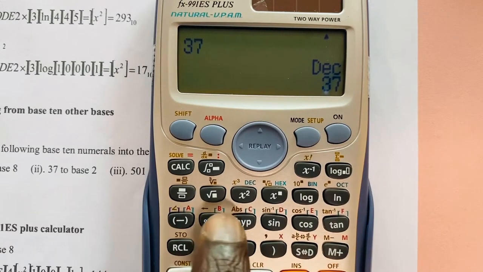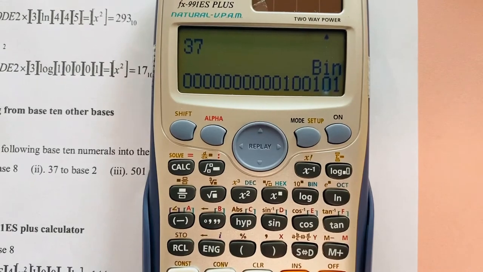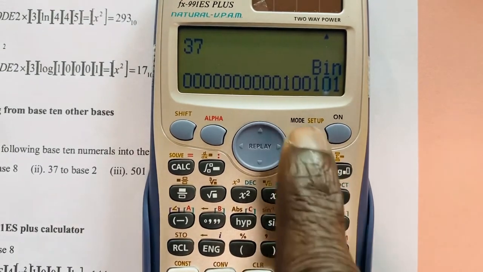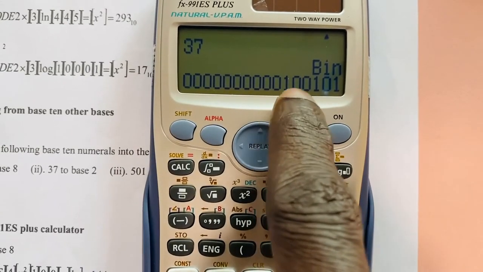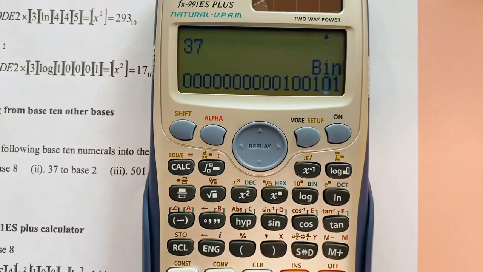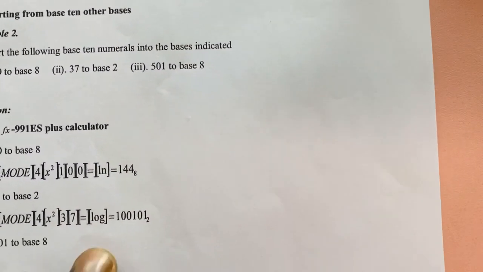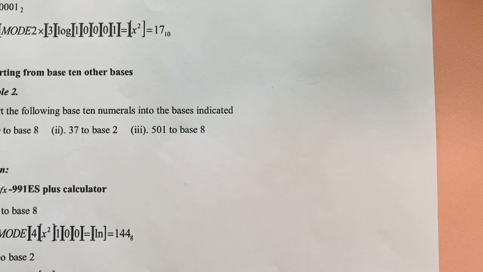So first of all, we look for how we get our 2 here, and the answer becomes 100101. Always forget about all the zeros in front. Start from here. So when you come to the sheet, we have 100101 base 2.